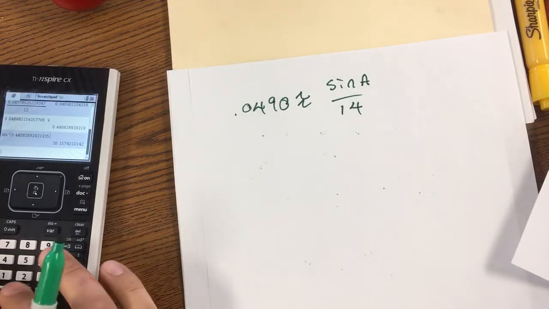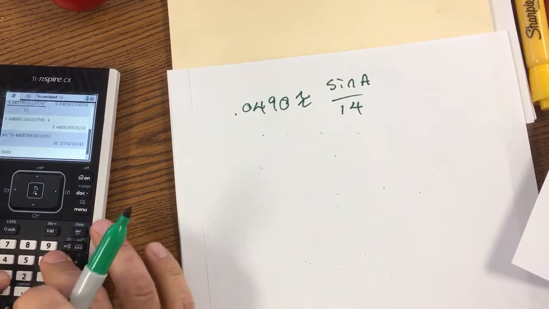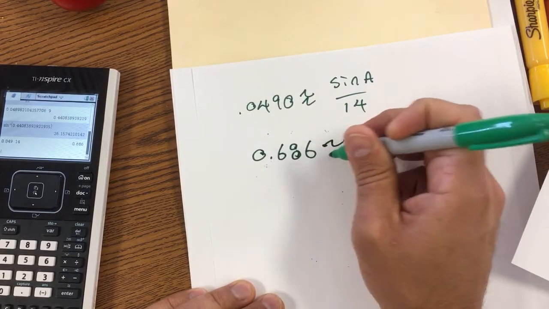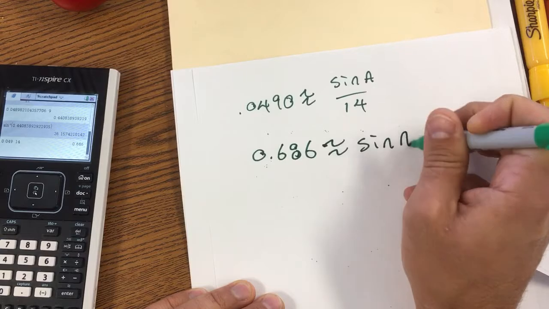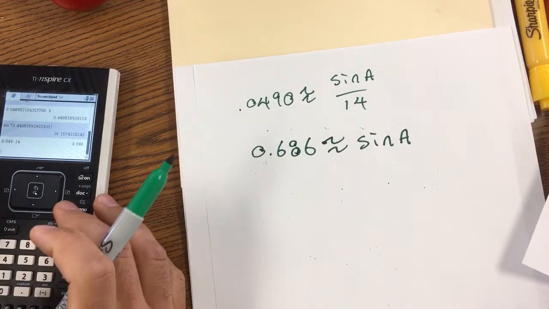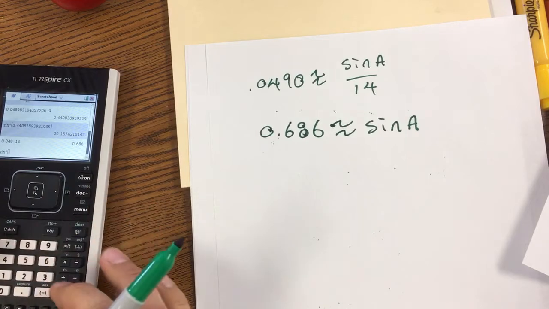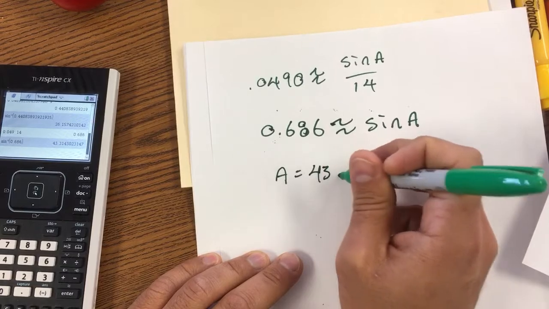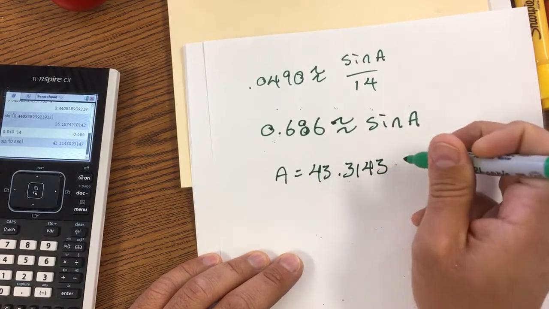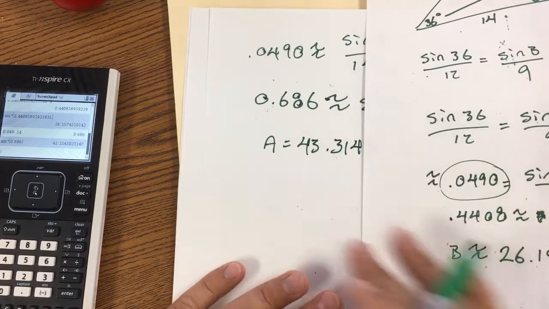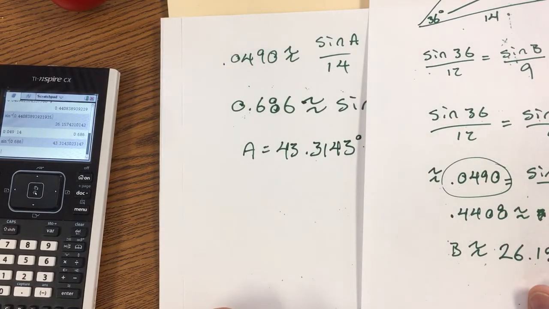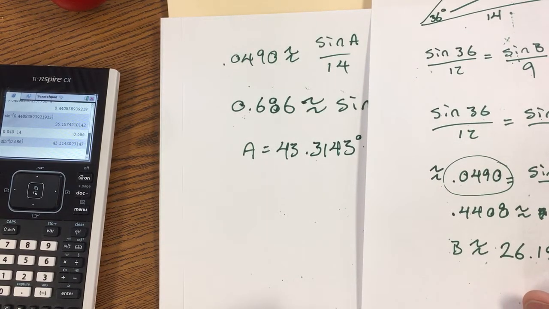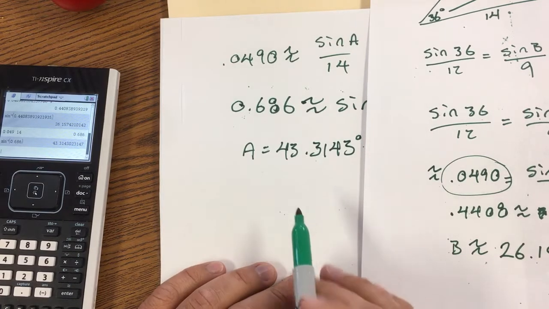So I'm going to multiply that by 14. 0.0490 times 14 is 0.686, approximately the sine of A. Then I'm going to do the inverse sine, and it's going to tell me that A equals 43.3143 degrees. So now I found all of my angles, and that's all that I'm really doing on here. That's all that we really need to do.